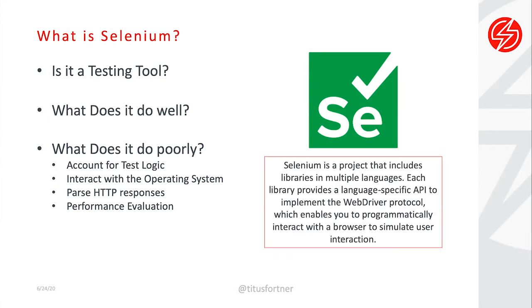Okay. So yeah, just my basic definition: libraries that provide a specific API to implement the W3C WebDriver protocol, enabling users, and this is the important part, to really emulate what the user is actually doing with the browser. And there are alternatives to Selenium out there right now, and they're gaining a lot of popularity because they are doing that extra test logic.